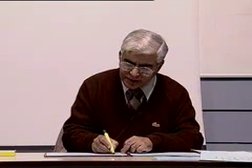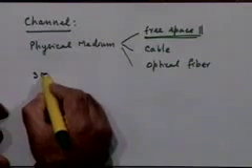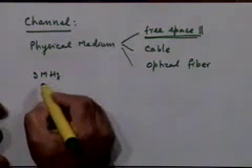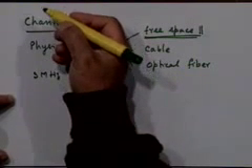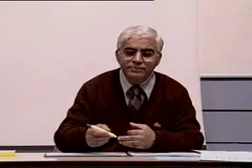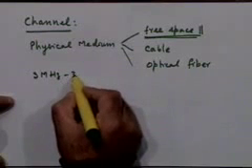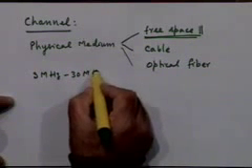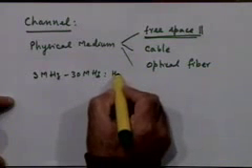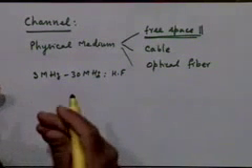Starting from, let's say, about 3 megahertz at the lower side. Actually, you have even below 3 megahertz. There is a band called the VLF band, then the low frequency band, and 3 megahertz to 30 megahertz is the so-called high frequency band. You will find that these bands have been divided in terms of decades, right?